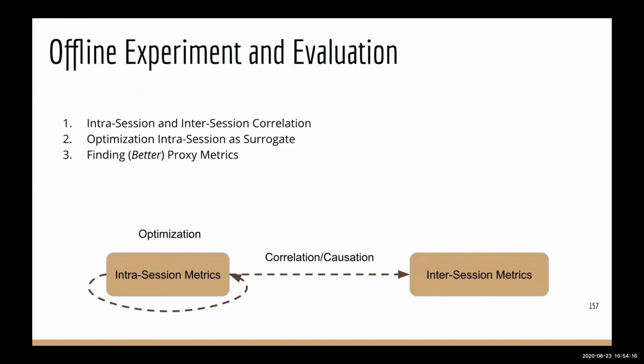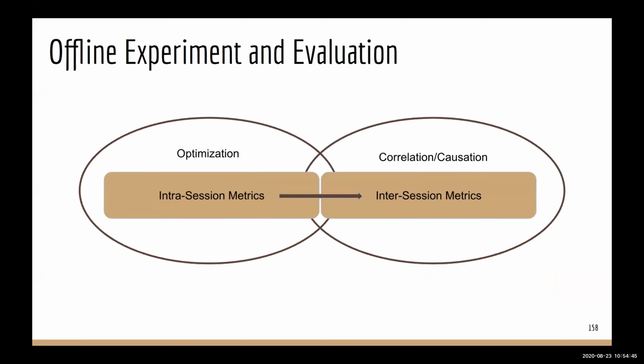Now here it really depends on what proxy metric you optimize. Because you optimize some surrogate, and hopefully that will lead to some intersession metrics gain. So that really boils down to how you understand these proxy metrics, and possibly derive some correlation or causation relationship with long-term metrics.